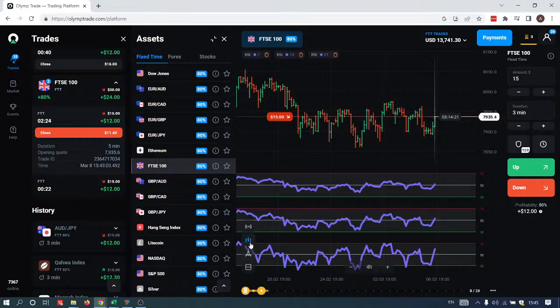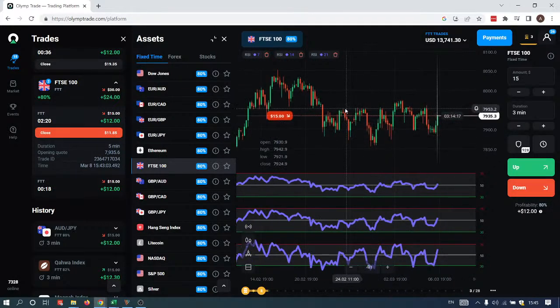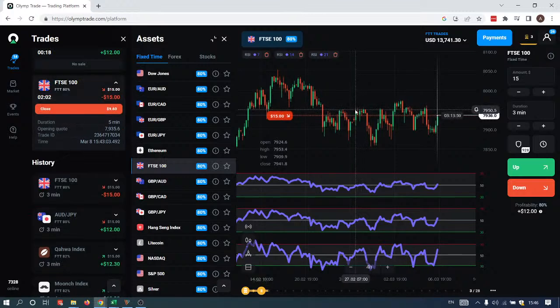Because if we now switch to Japanese candlesticks, the picture is going to look slightly different, right? Here we see the candlestick bodies are all here, and towards the upper part of this resistance area, only a few candlesticks sort of touch there, right?